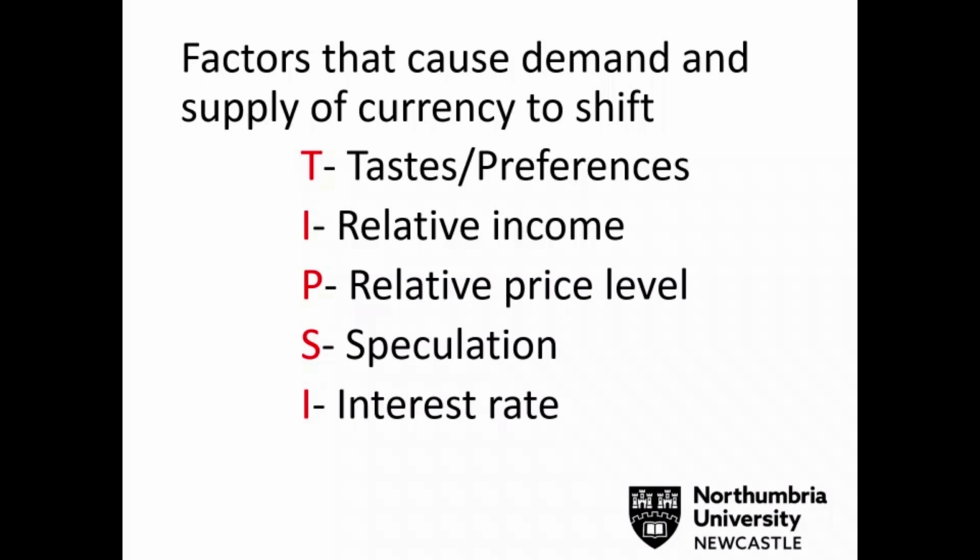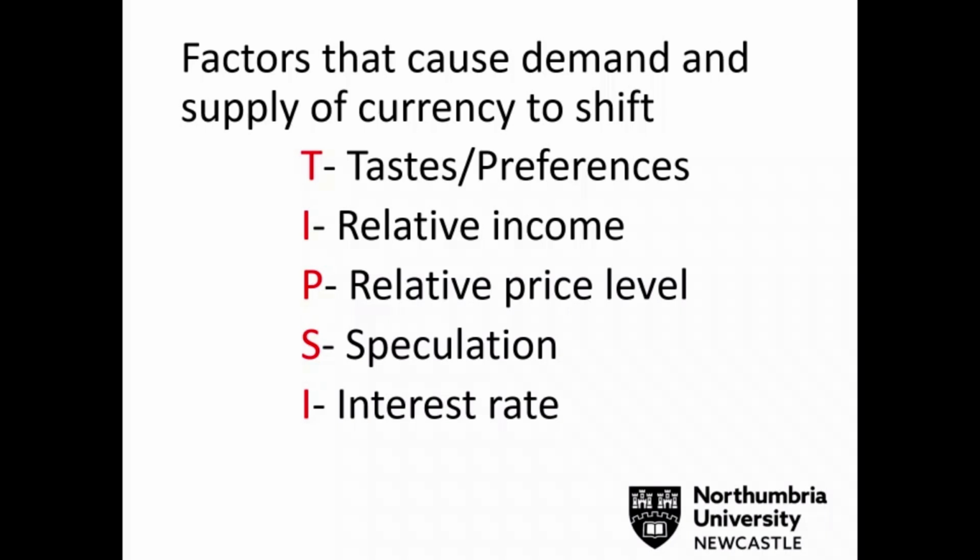If income is quite high in a country, the country's generating a lot of wealth, then that can potentially improve the value of their currency as their economy grows and becomes stronger relative to other countries. Relative price levels: now this is the concept of potential cheapness.